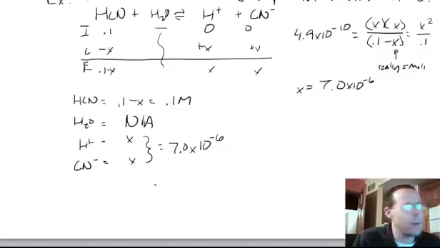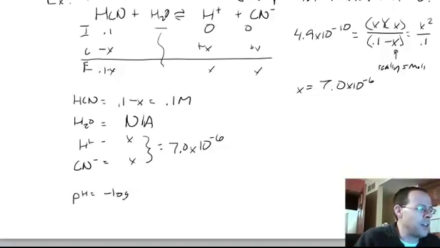Lastly, we also want to know the pH. What is the pH for this solution, a 0.1 molar hydrocyanic acid solution? Notice that we have the concentration of H plus. So pH equals negative log of H plus, which is what our homework has been the last days.